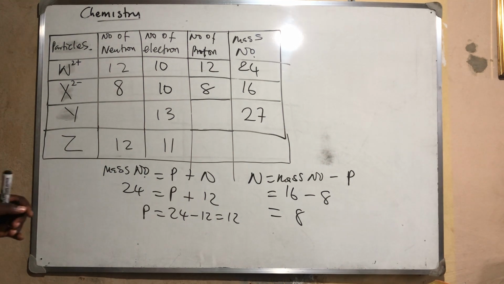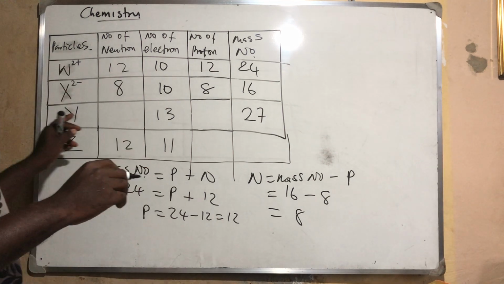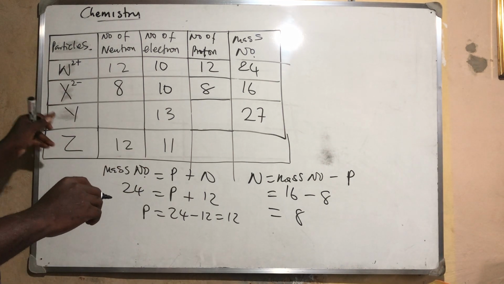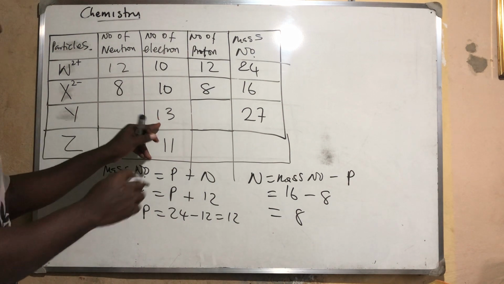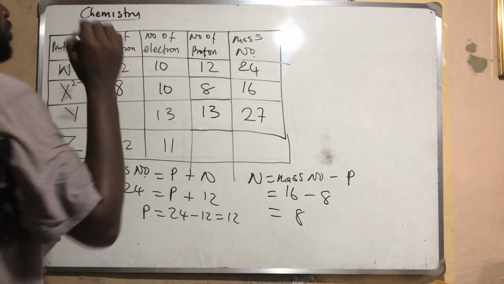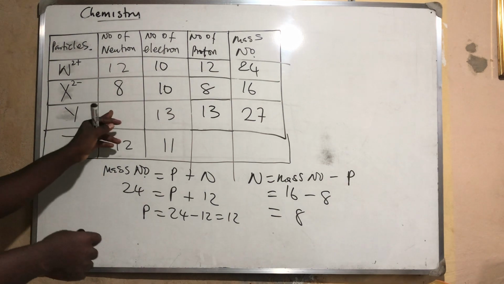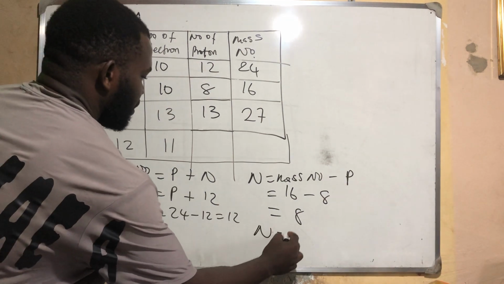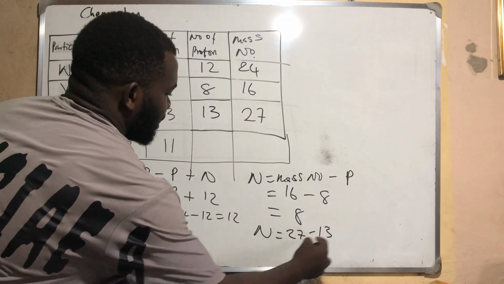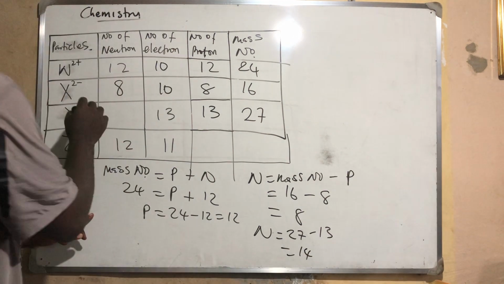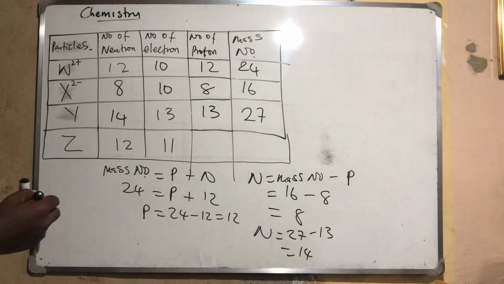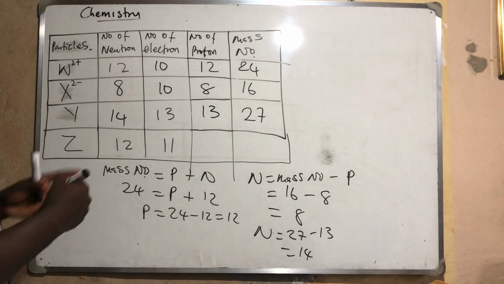So the same thing is applicable here. So now this is a normal atom, and in a normal atom, the number of electron is equal to the number of proton. So that is why we have 13 here. So the neutron number will be 27 minus 13, which is equal to 14. So I have 14 here. So here, this one now is a normal atom.